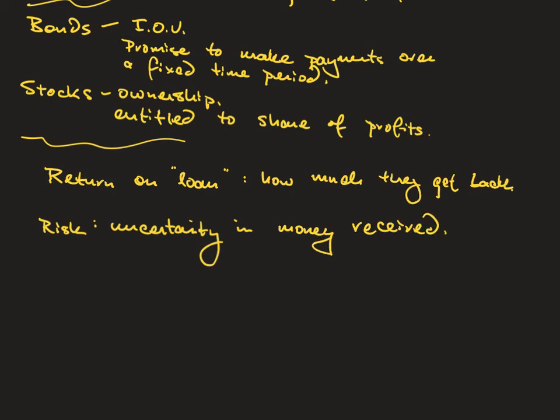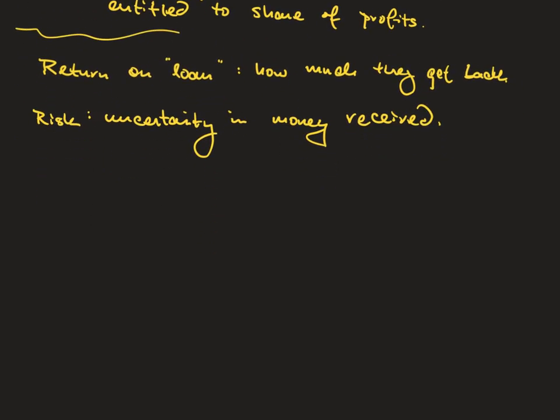Now, I've mentioned a couple of options for loaning out money. You could loan your money to a bank. You could loan it to a company in the form of a bond.